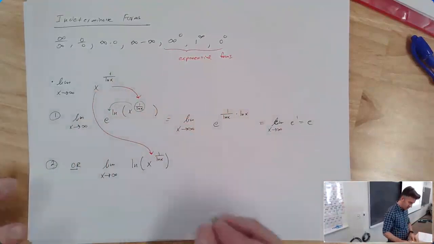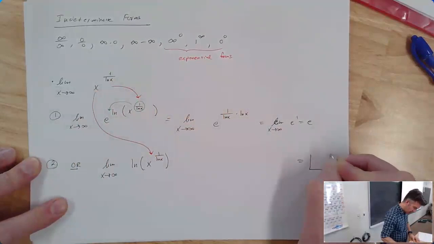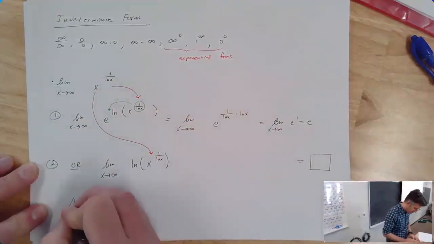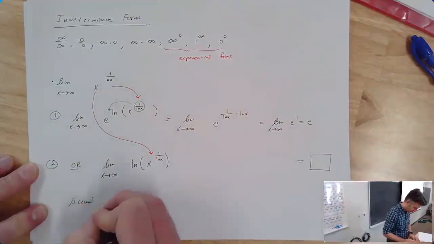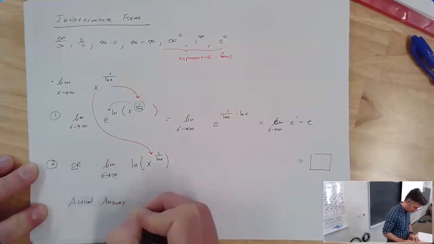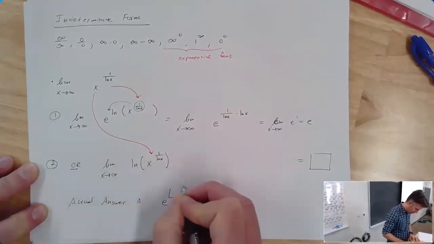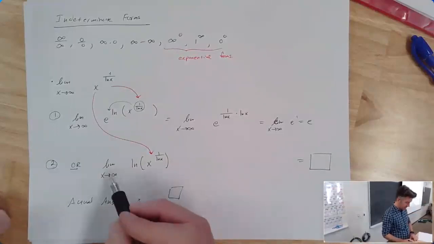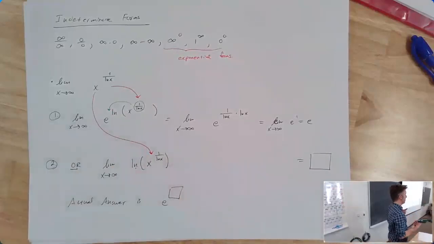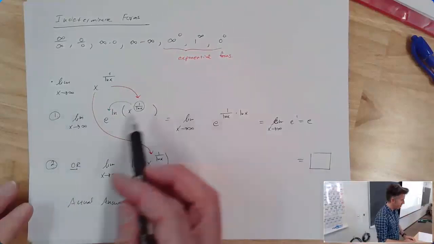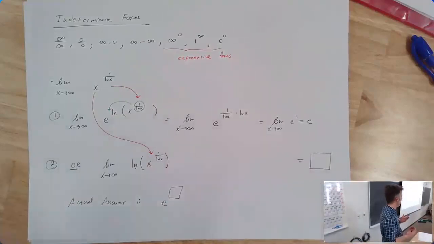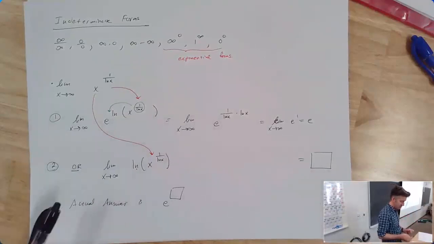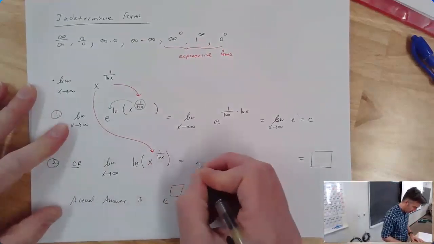Our final answer, so this is going to equal some number, and our actual answer is going to be e to that number. Right? Because we did a natural log, we have to undo it by exponentiating. I tend to prefer this first way because it feels less clunky, but either way is fine. And some professors definitely teach it this second way where you take the natural log, you do your stuff.